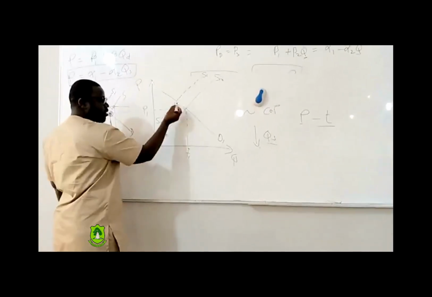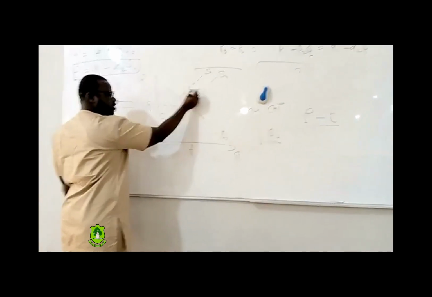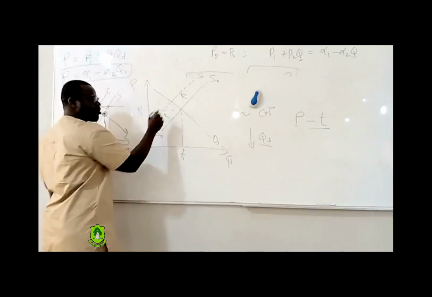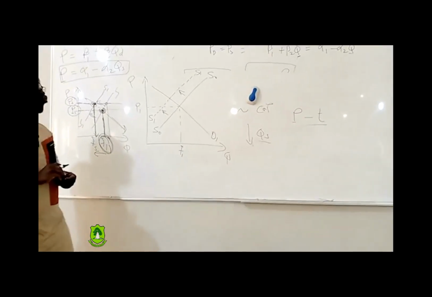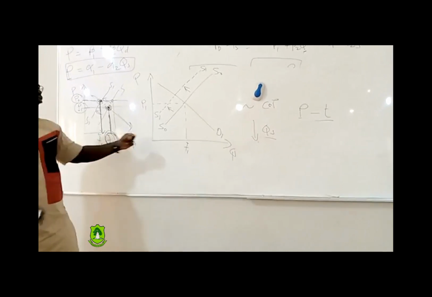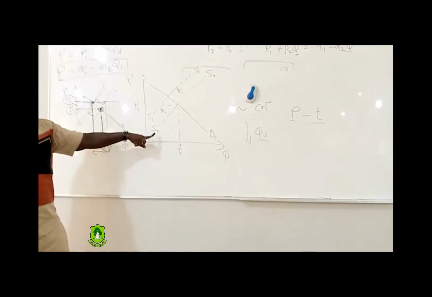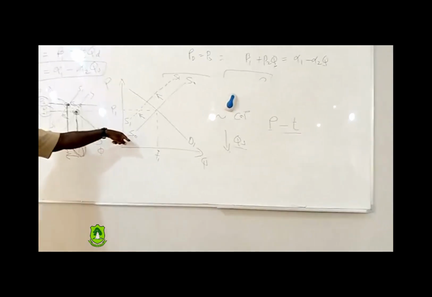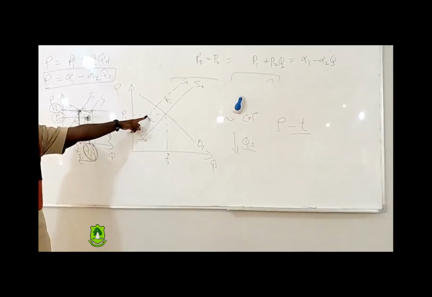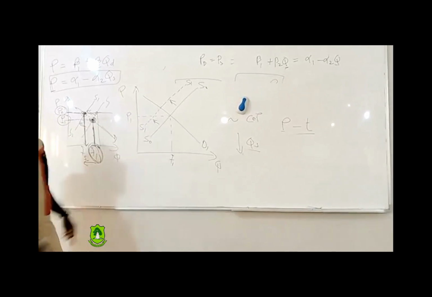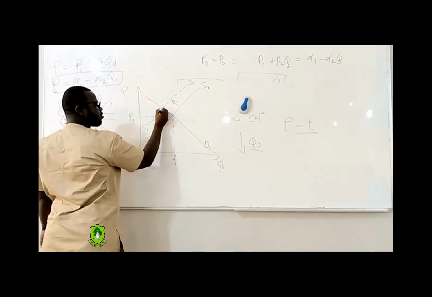Is that not it? The taxes that have been imposed are shifting the supply curve. So suppliers are no longer interested in being on the first supply curve, S0, but they will be on which particular supply curve? S what?